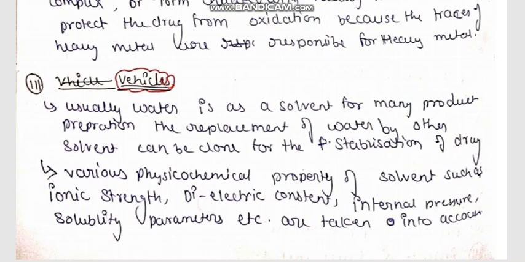The replacement of water by other solvent can be done for the stabilization of the drug. Various physico-chemical properties of solvent such as its ionic strength, dielectric constant value, internal pressure, solubility parameter, etc. are also taken into account to remove the problem of degradation of the drug due to oxidation.